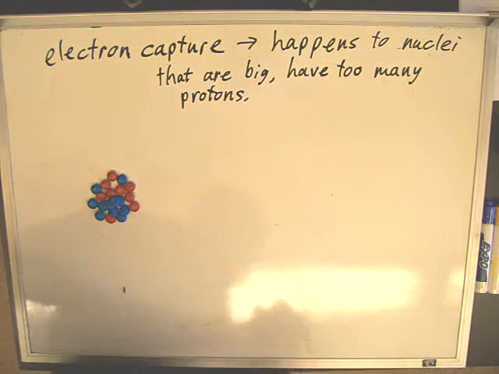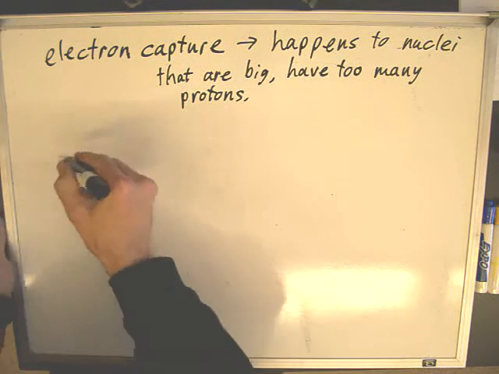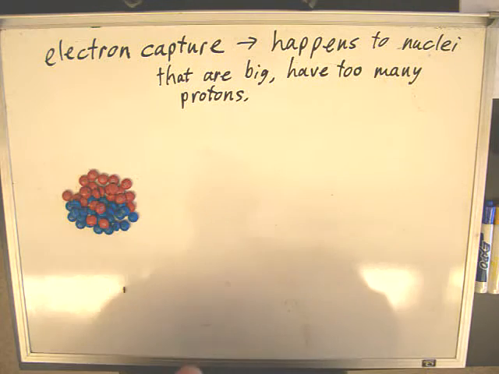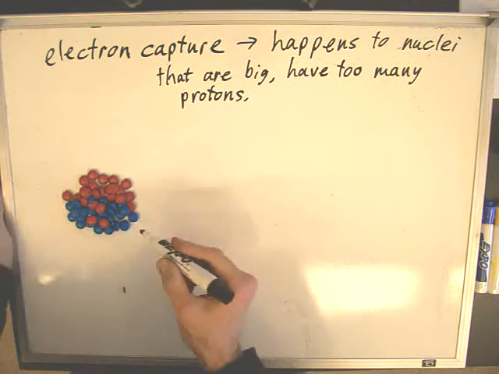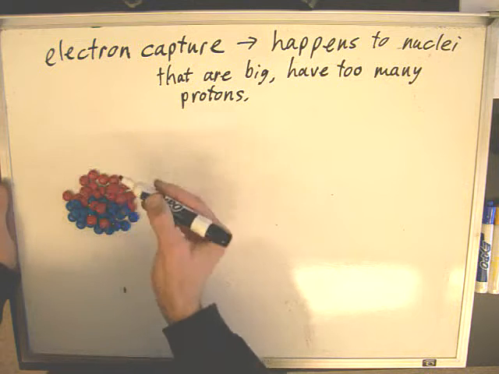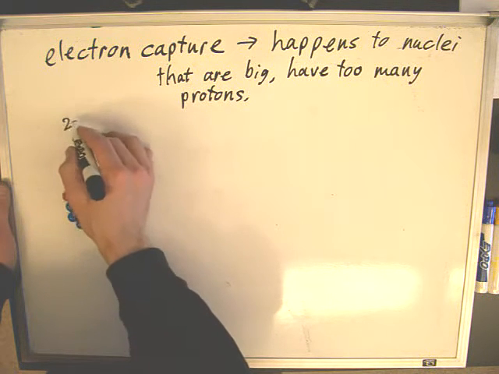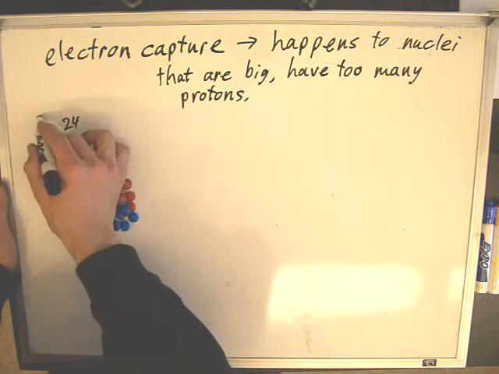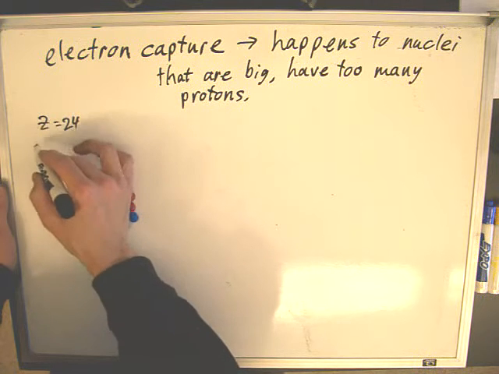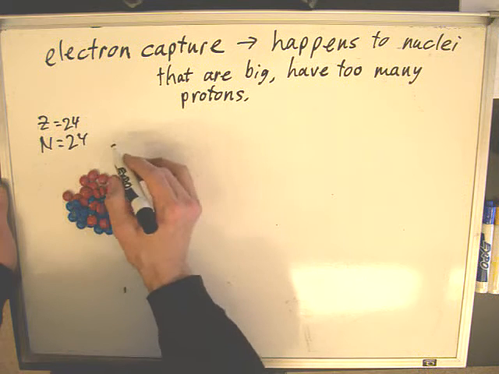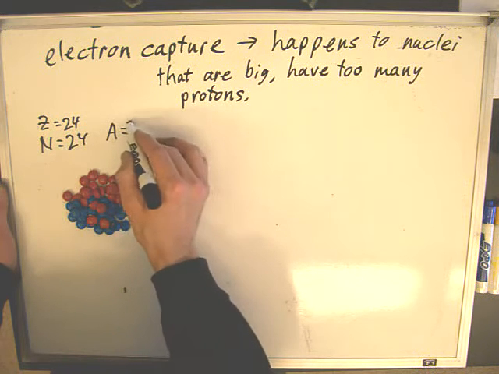So for this example, I'm going to pick, oops, I'd forgotten to finish counting my nuclei. So what I put here is 24 protons, so Z equals 24, 24 neutrons, so N equals 24, and the total A is 48.